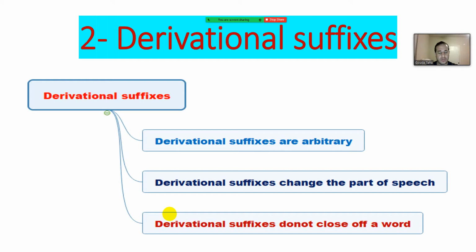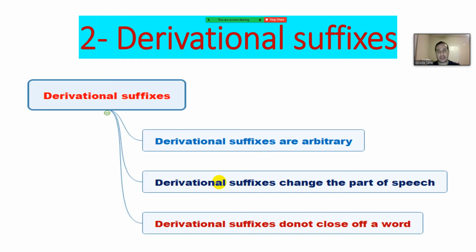For example, if we'd like to get the noun form of achieve, we add ment. If we'd like to get the noun form of happy, we add ness. If we'd like to get the noun form of identify, it becomes identity. So the first one we add ment, the second one we add ness, the third one we add ity or ty. Then they change the part of speech.